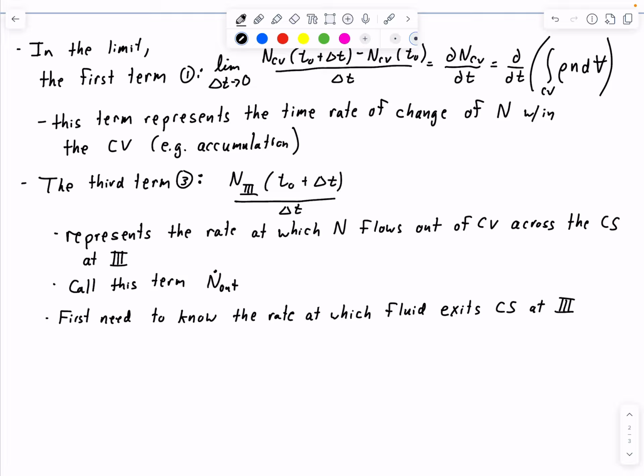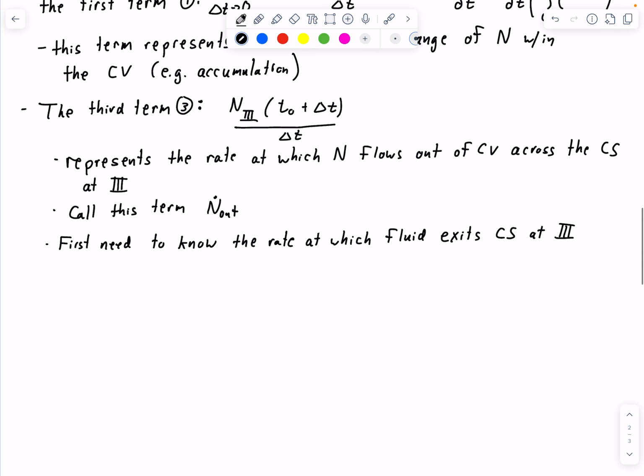Because the fluid is exiting across the control surface, and the fluid is carrying this extensive property across the control surface. So first we need to know how much of the fluid is crossing that control surface, and then we can figure out how much of your extensive property N is exiting with the fluid.